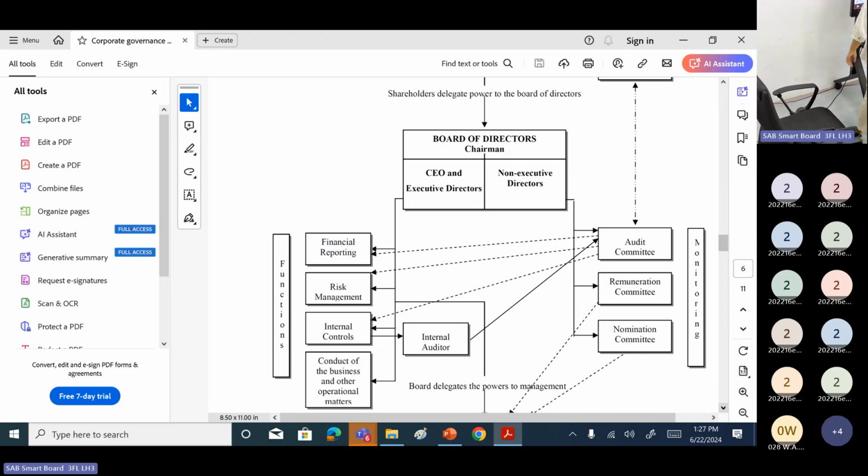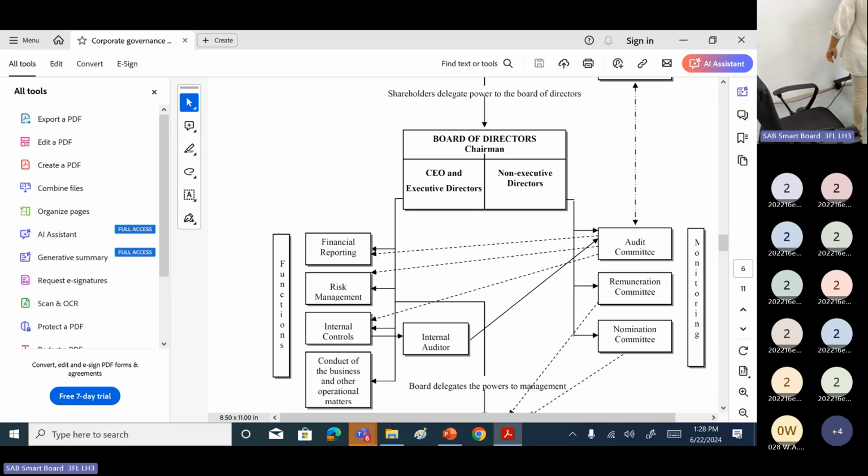Now, internal controls, to ensure that internal controls function well, you have the internal audit. In our organizations there is an internal audit to check whether internal controls are working properly. So that internal audit function needs to communicate or report to the audit committee. Right?